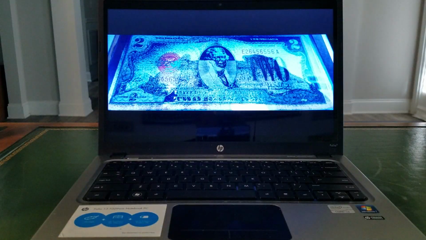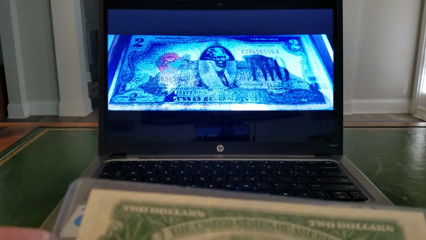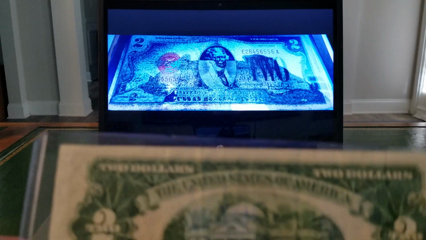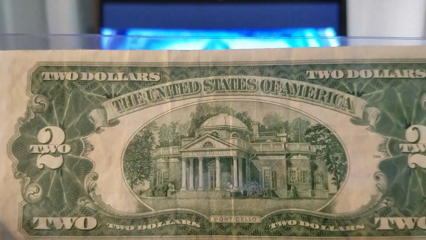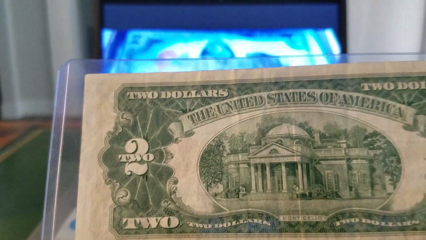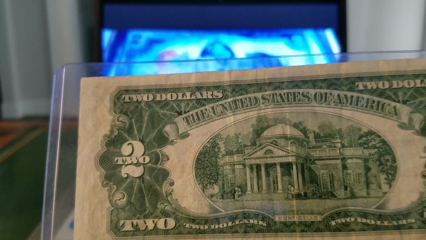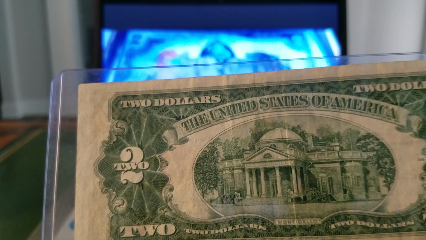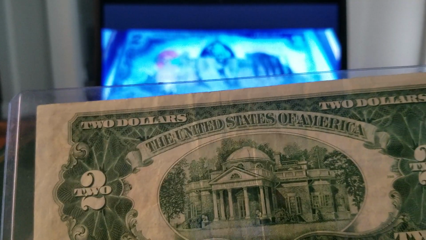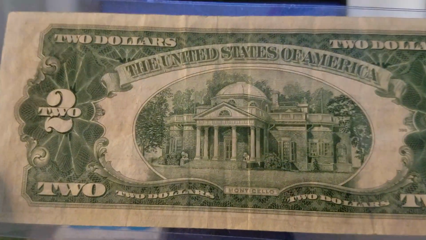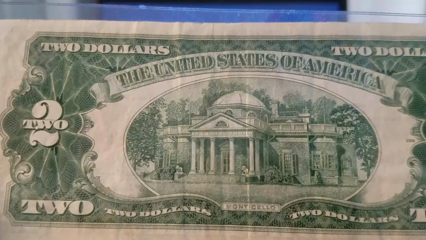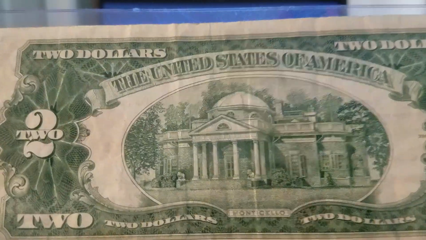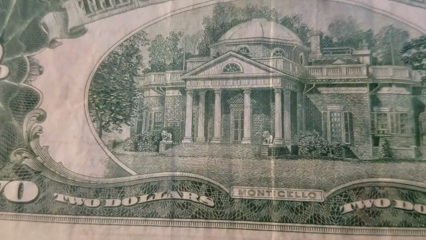Okay, so on a $2 note, we have two images. In the 1928 series, on the reverse is Thomas Jefferson's home, Monticello, which translates into Little Mountain.